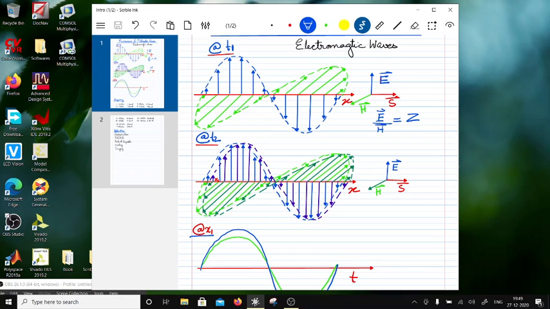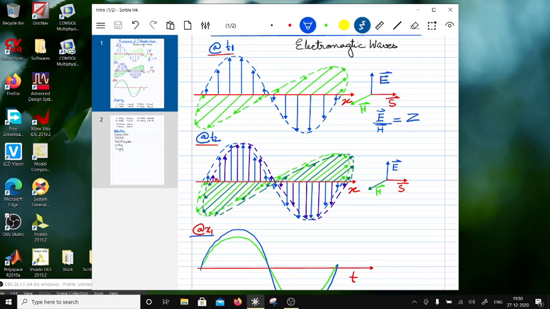Think of it in terms of a screw which you are tightening, going from E to H. The direction in which that screw will move, for example if you turn it clockwise from E to H, is going to be forward. So that's what you can assume to be the direction of propagation.